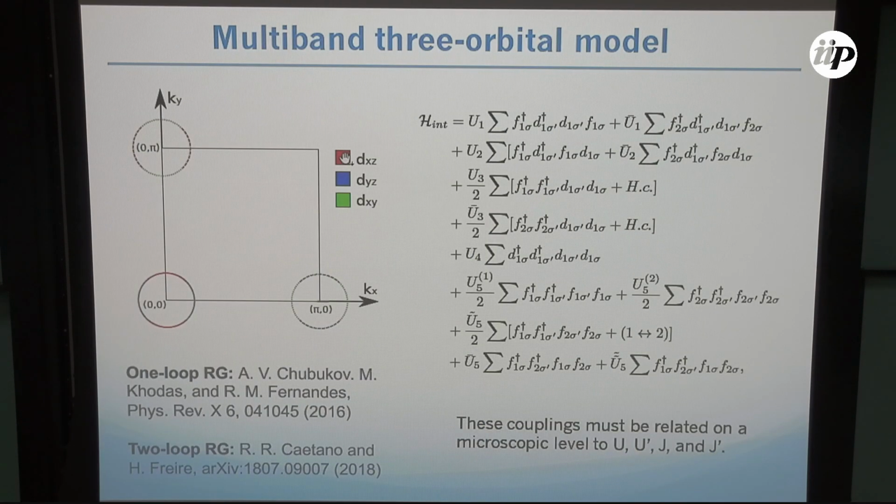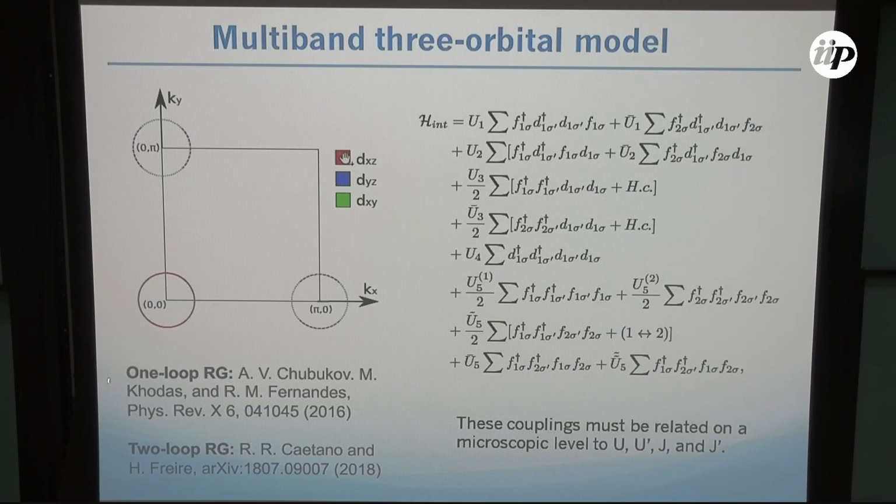So what we are going to do is to use a model to calculate things. So this is a very simple model to try to understand the properties of this material. This model was originally proposed by Chubukov, Fernandes and collaborators in 2016, where they calculated using a one-loop approach.